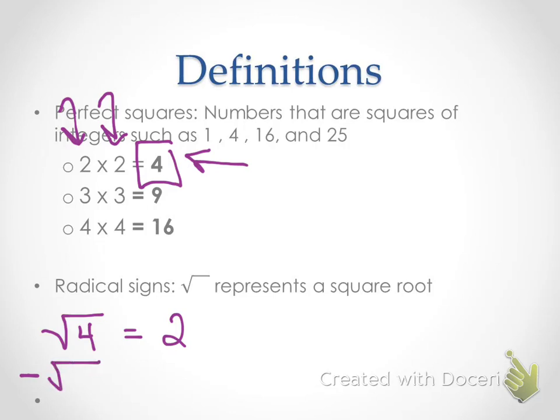The negative square root of 4, I'll give you one guess, it'll be negative 2. You're going to see this in the example: if we say evaluate the square root, and there's a negative out front, then the answer is going to be negative. If there's nothing out front, then I know it's going to be positive.